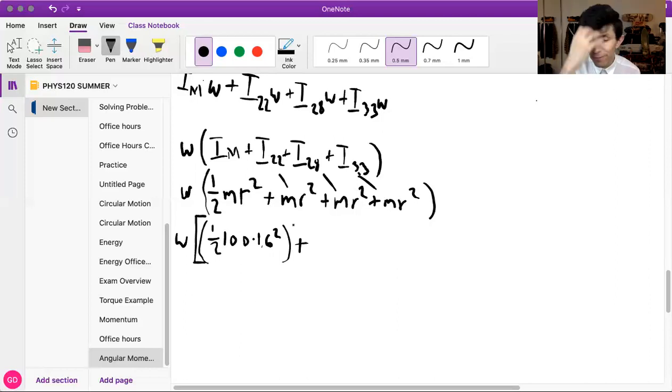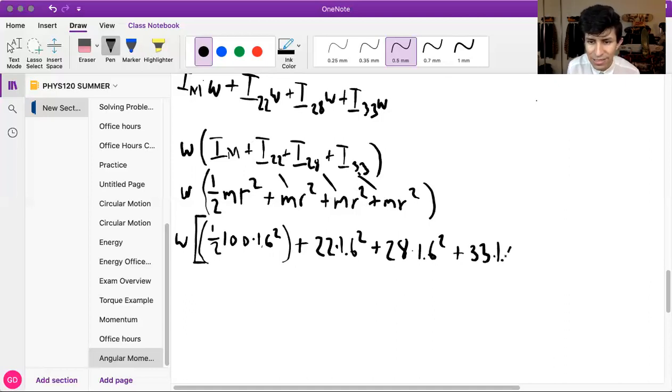The only thing that differs is the mass. The mass for the first one is 22 times r squared, 1.6 squared, plus the mass of the second, 28 times 1.6 squared. That doesn't change. Plus 33 kilograms times 1.6 squared.